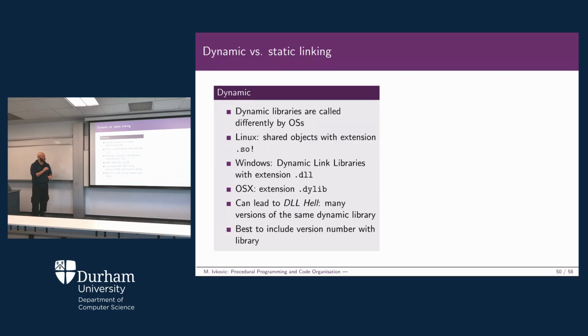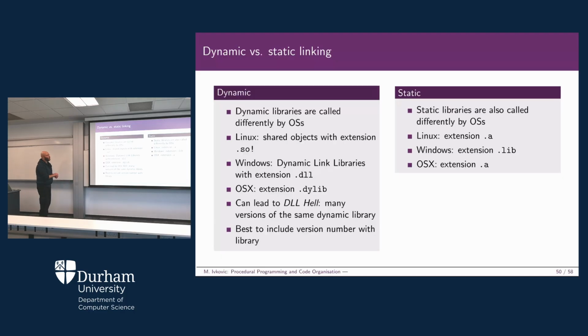And this can actually lead to a very, very nice DLL hell, with many versions of the same dynamic library you need to look for across different platforms. So yeah, that's not great, in fact. So it's best to also include the version number of the library you require, to avoid very many headaches.